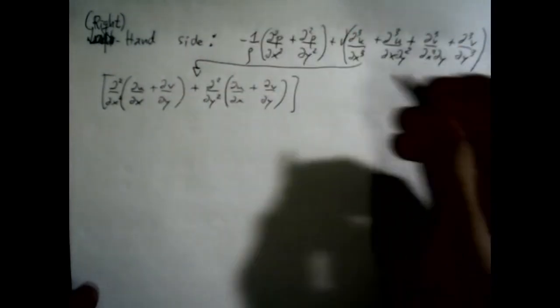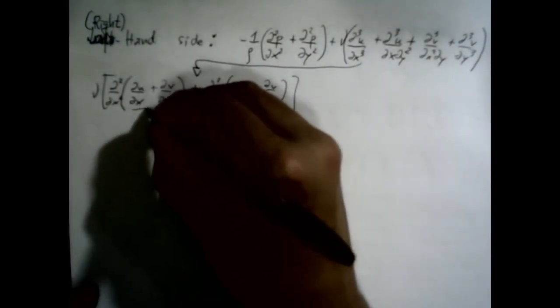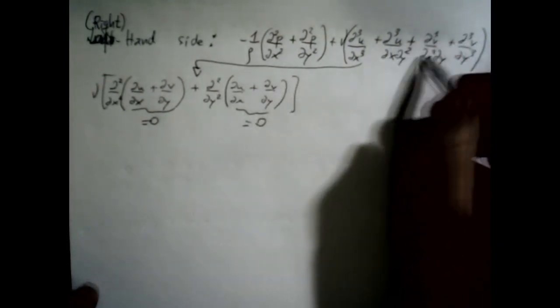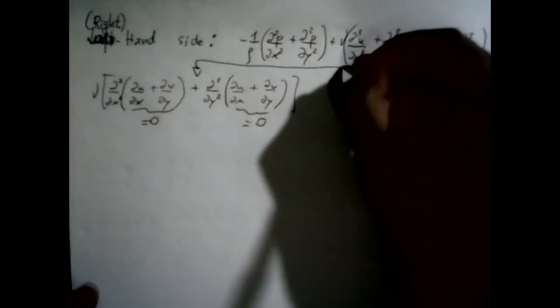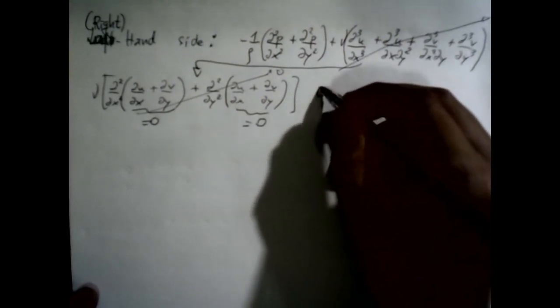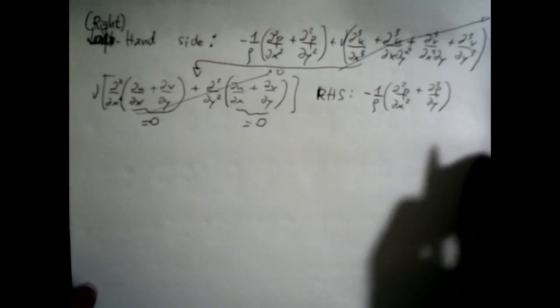Okay, so this is this term here. Of course this is equal to 0 because of the continuity equation, so all these terms here are 0. And on the right hand side, what we are left with is the inverse of the density, dp dx dp dy, second derivative of p.